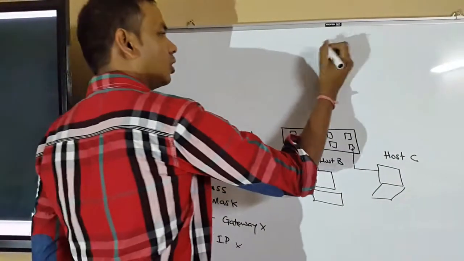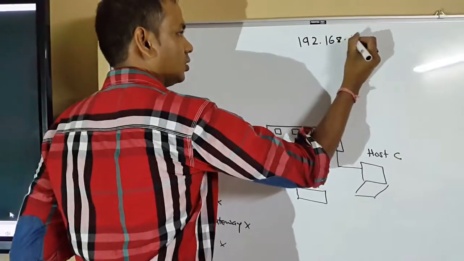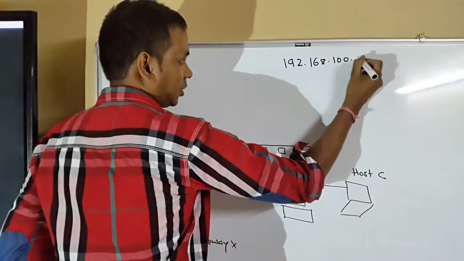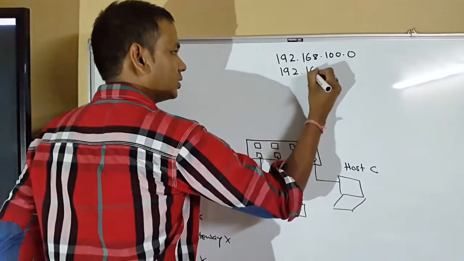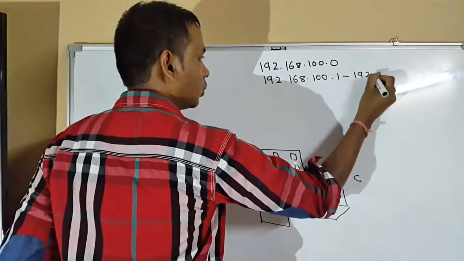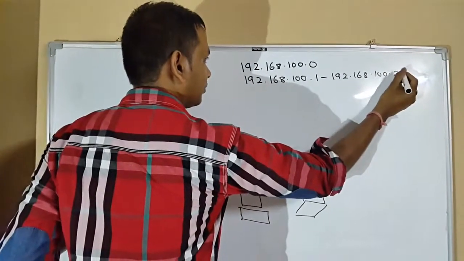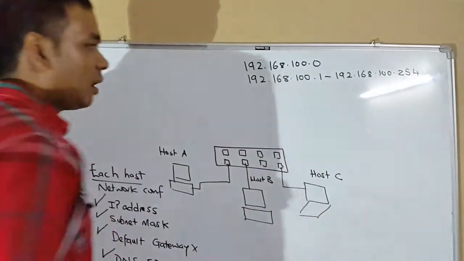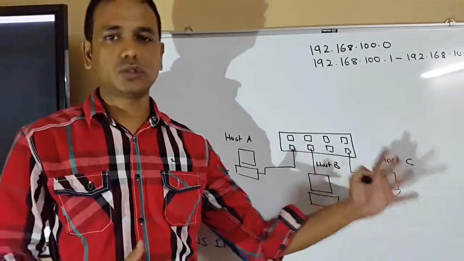My network, for example, is 192.168.100.0, and my usable IP addresses are 192.168.100.1 to 192.168.100.254.